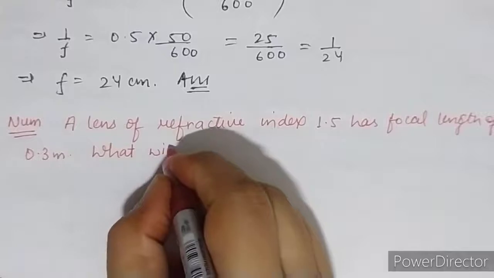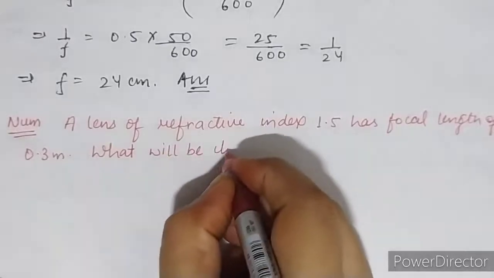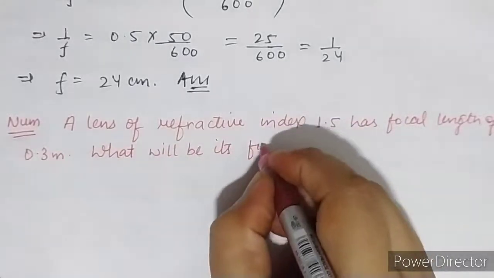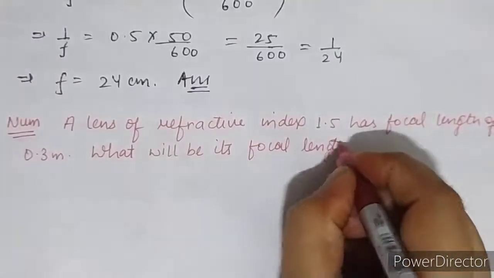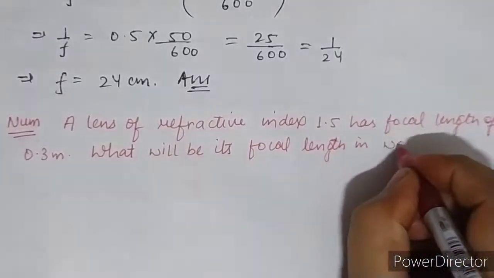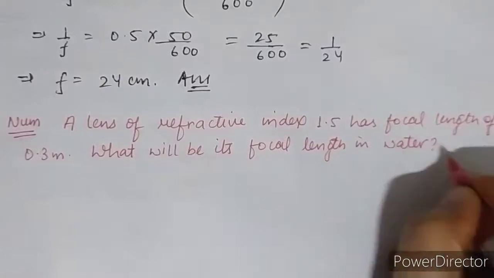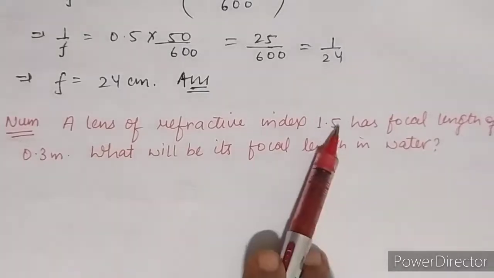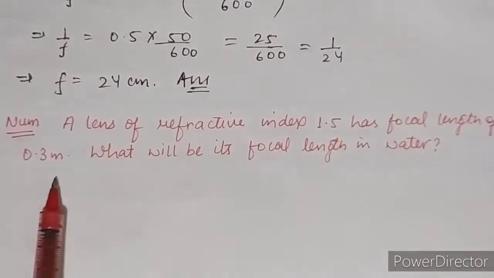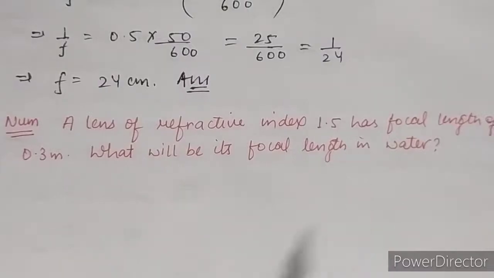What will be its focal length in water? Okay, the refractive index of the lens is given and its focal length is this. What will be its focal length in the water?